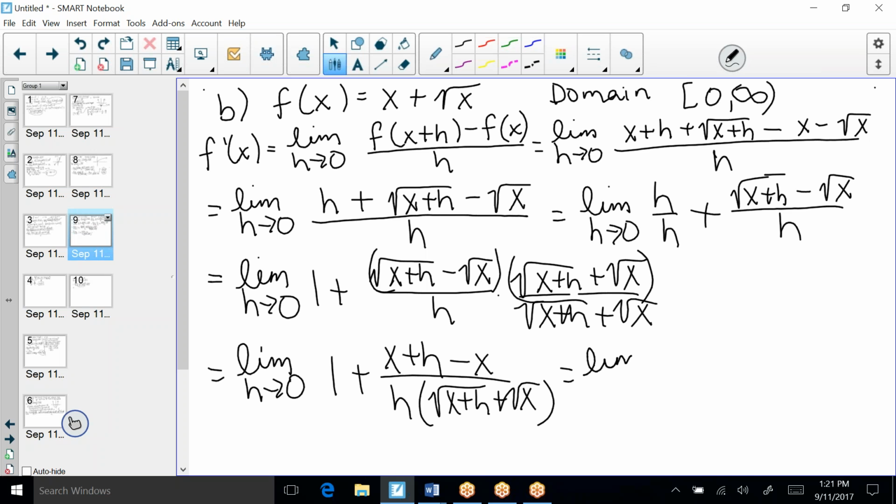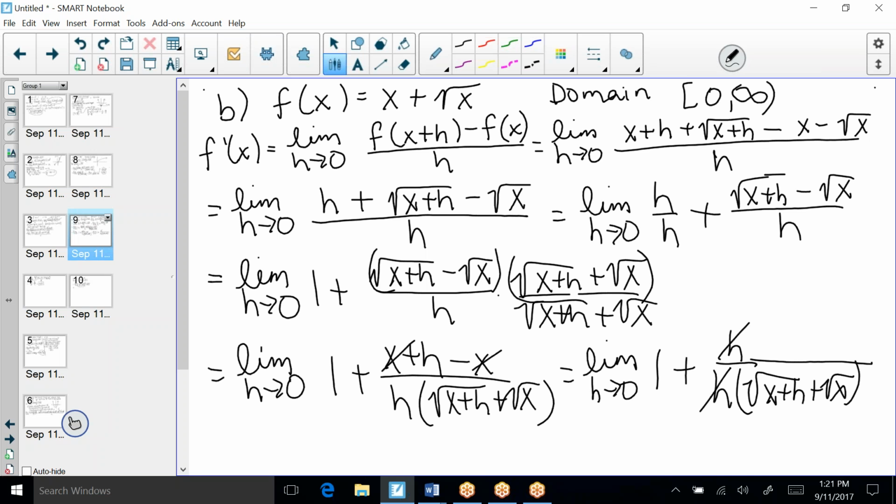So this is equal to the limit as h goes to 0. So the x's cancel, and we have 1 plus 1 over, keep that denominator factored, h times the square root of x plus h plus the square root of x. And these h's cancel.